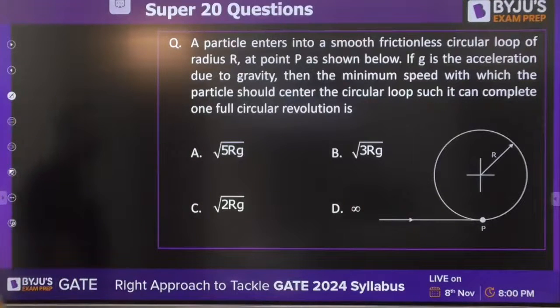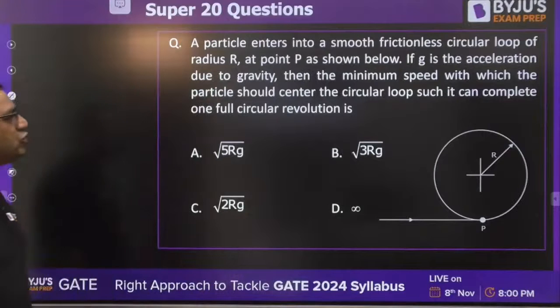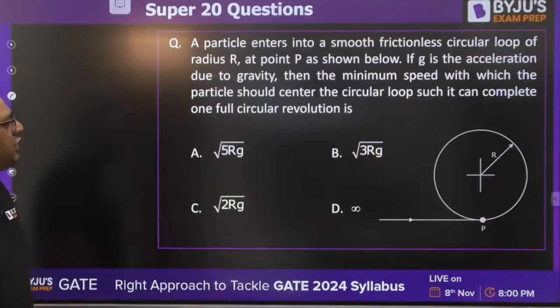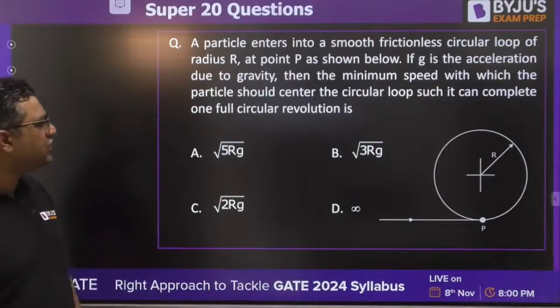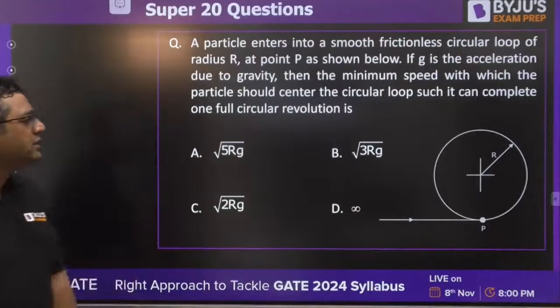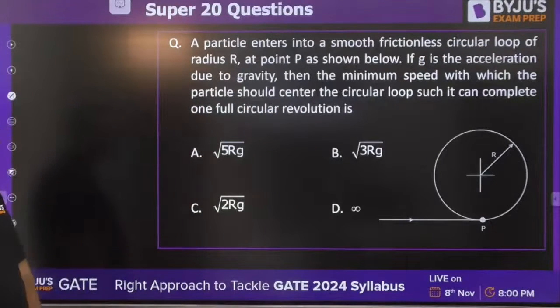Next question is, a particle enters into a smooth, frictionless circular loop of radius r. If g is the acceleration due to gravity, then what is the minimum speed with which the particle should enter the circular loop such that it can complete the full circular revolution? This is a very famous question, you know that.